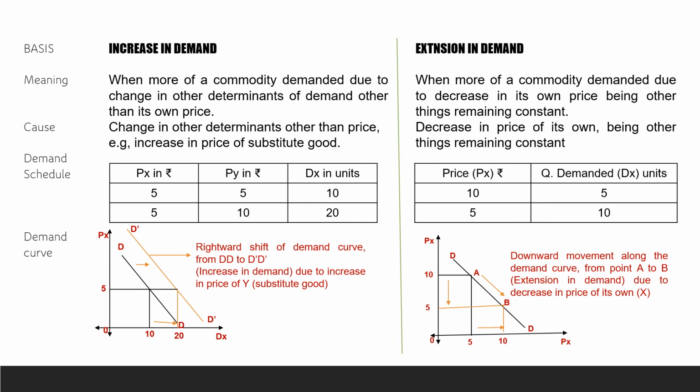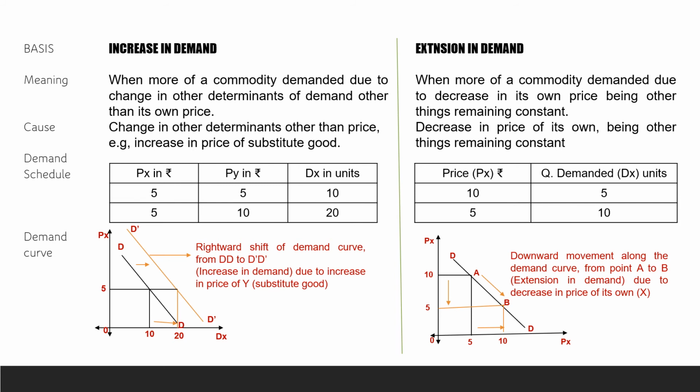Here the 10 and 5, so the demand curve will shift this side, and it is because of a decrease in price of substitute good. In this case, the reverse table 5 to 10, 10 to 5, and the demand curve will move this way. It will change the direction. The other thing, where we wrote decrease in price, we will write increase in price.